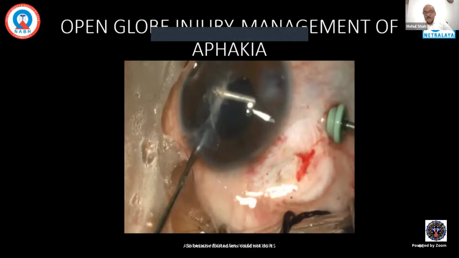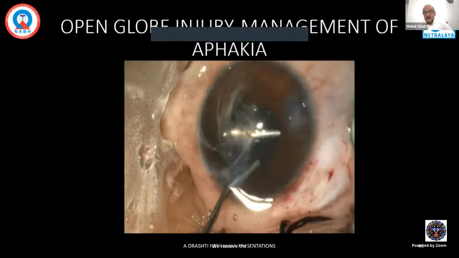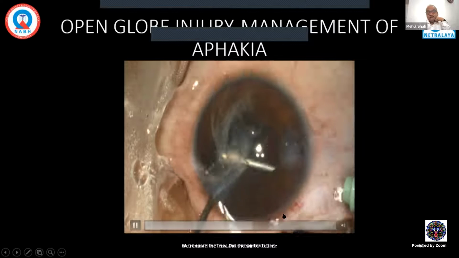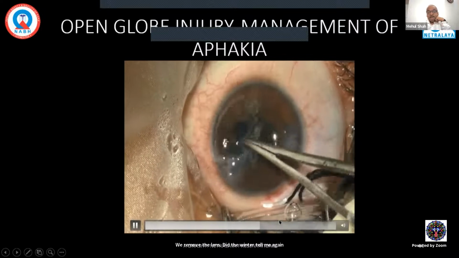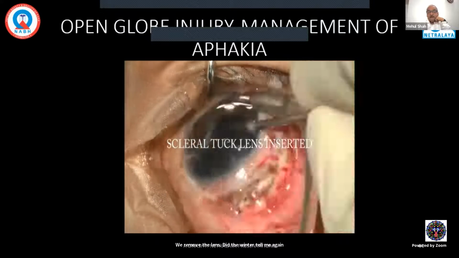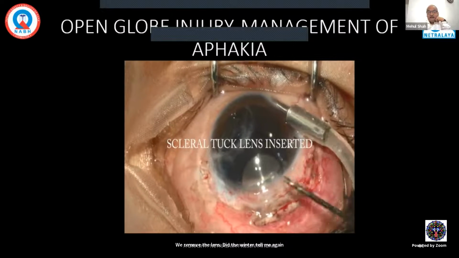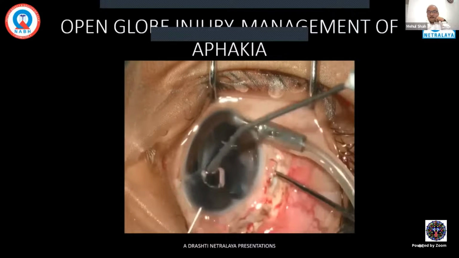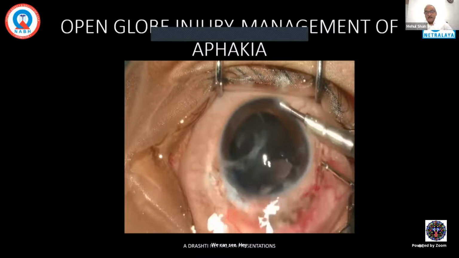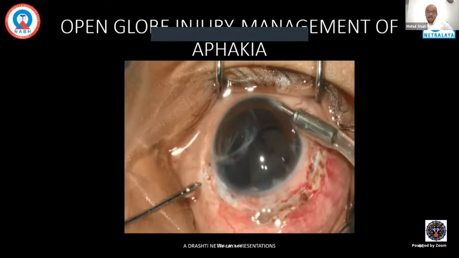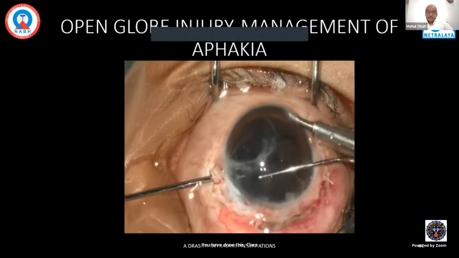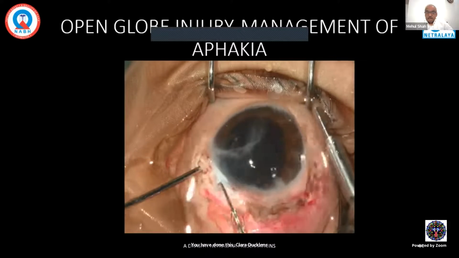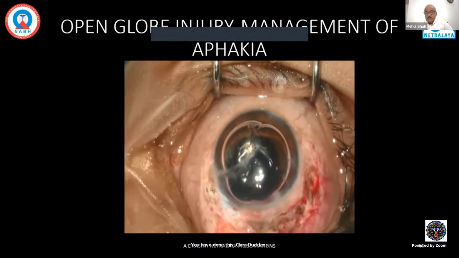We removed the lens, did the vitrectomy again. You can see we have done the scleral tuck lens. And child is doing well.